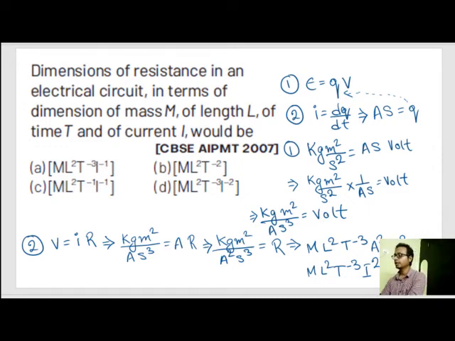A to the power minus 2, or I to the power minus 2, is equal to resistance. Always remember current has two representations. Current can be represented by either A or by I, depending upon which books you refer. So let's look at the next question.